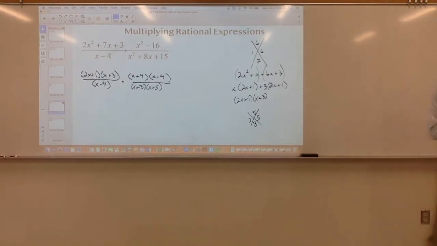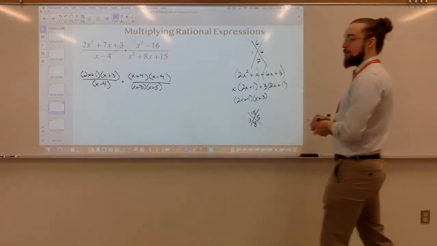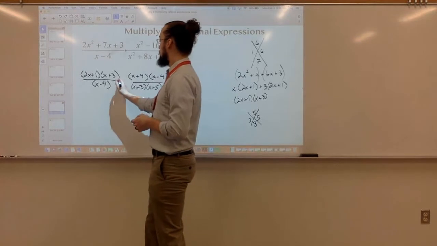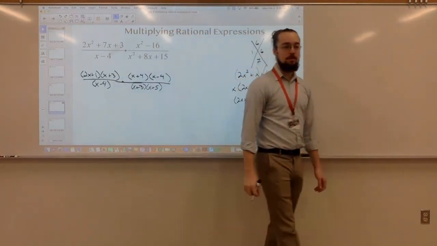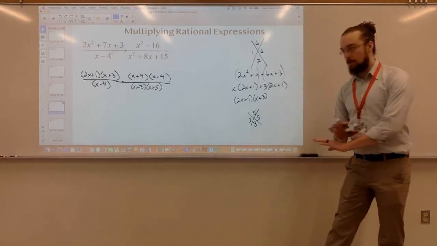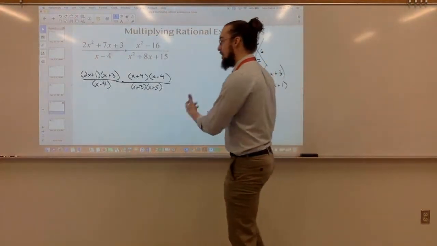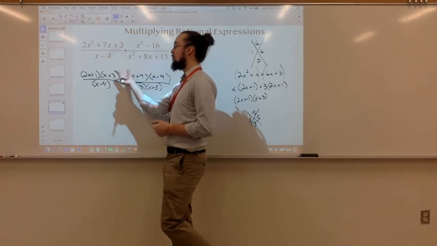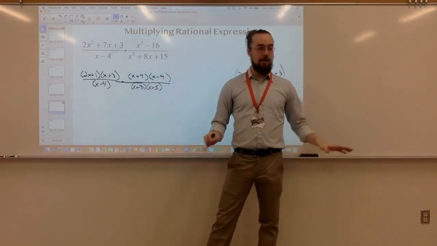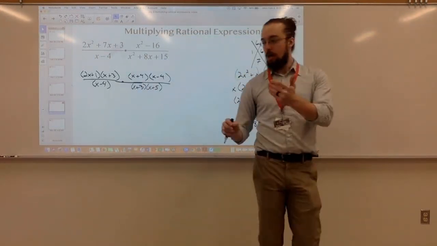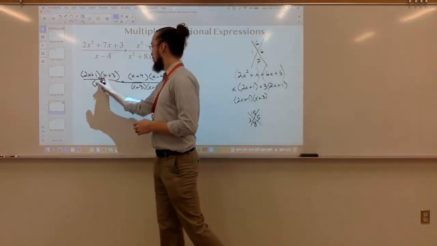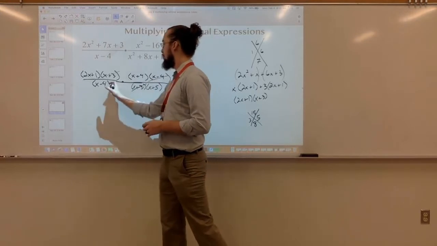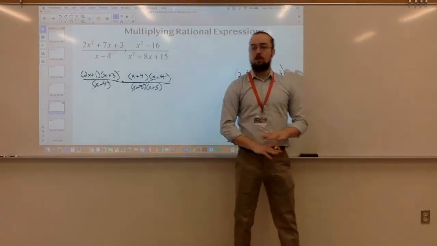Now, when we are multiplying rational expressions, this just becomes one big fraction. Any factors that are common to the numerator and denominator, I can cancel out. So what common factors do we see? X plus 3 and x minus 4. I can cancel all those out.